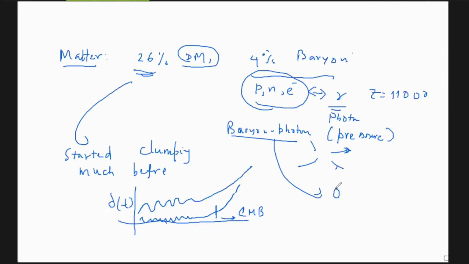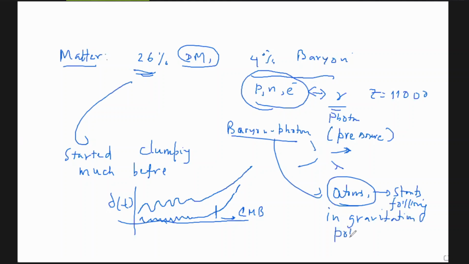That time onwards, the atoms start falling, but falling where? Atoms start falling, or following, both are okay, following the gravitational potential well of dark matter.